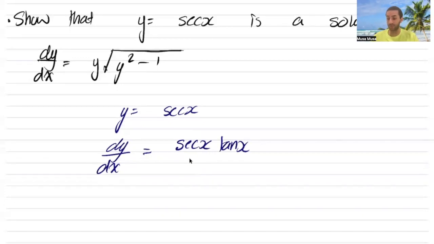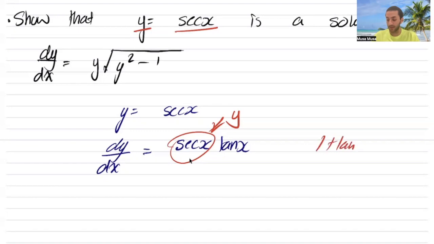We need to write it all in terms of y's. This sec x is clearly just the y from before. And what about this tan x? If you didn't recognize this, make sure that you revise your year 11 trig identities: 1 plus tan squared x equals sec squared x, and therefore tan x equals the square root of sec squared x minus 1.